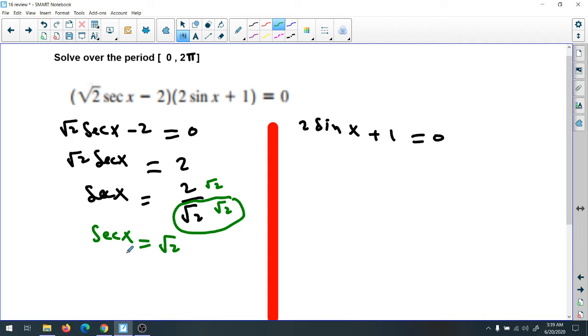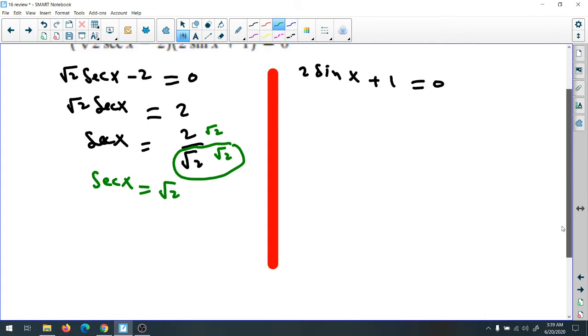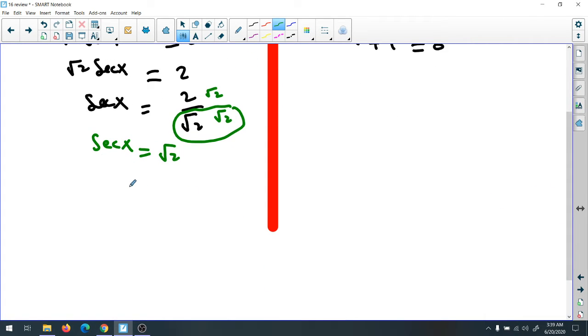We continue to solve it. Secant is 1 over cosine. So 1 over cosine x equals the square root of 2 over 1.